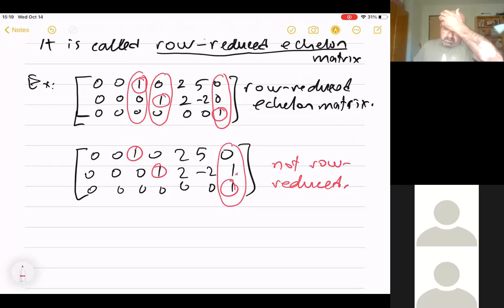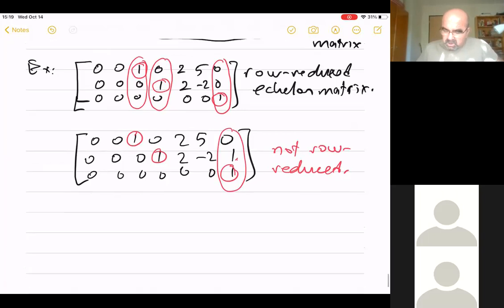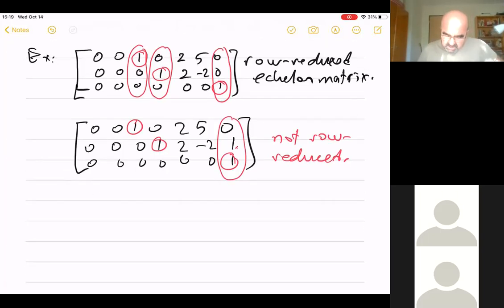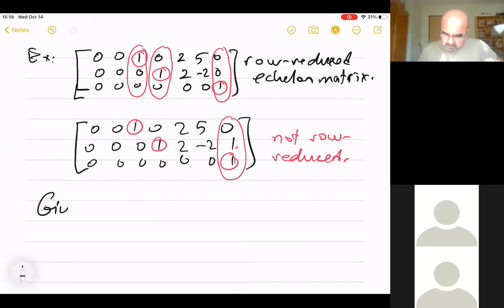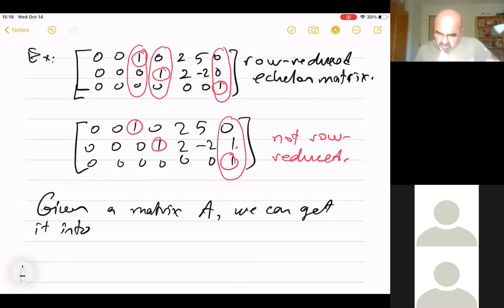Okay, so later we will have some operations. Given a matrix A, we can get it into row reduced echelon form.